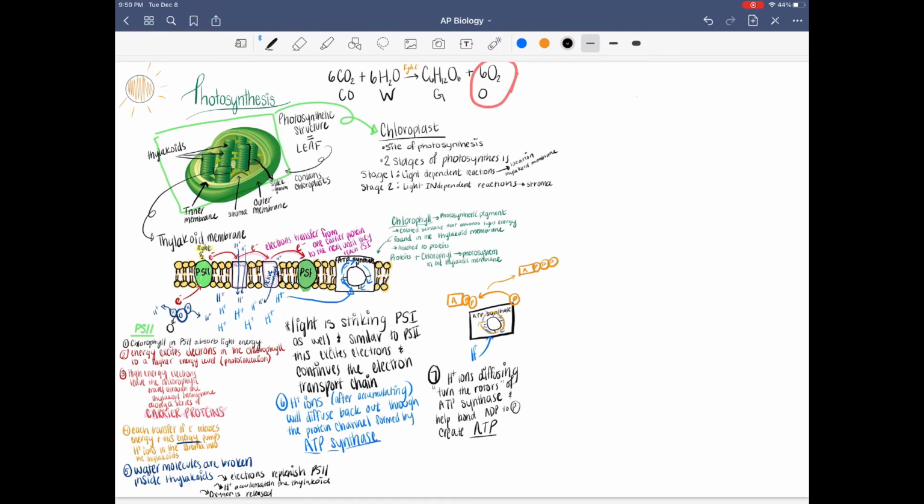And as y'all remember, we learned about phosphorylation, but we're going to call it photophosphorylation because this is happening as a part of photosynthesis. Okay, so keep in mind this is our photophosphorylation.